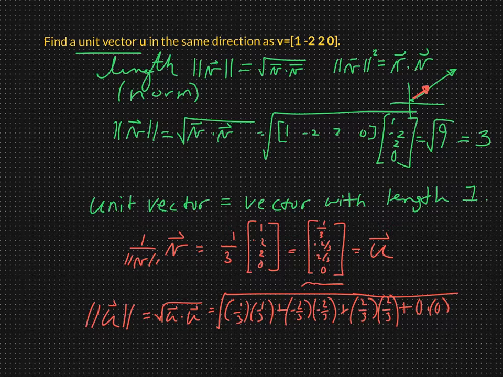And that will give us the square root of 1/9 plus 4/9 plus 4/9 plus 0, which is the square root of 9/9, which is 1. So u is definitely a unit vector, and it does fall in the same direction as v because they differ just by our scalar.